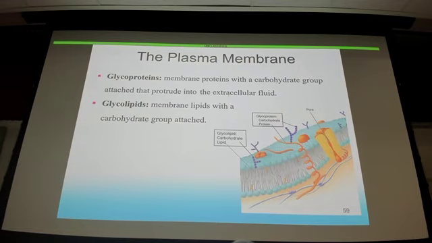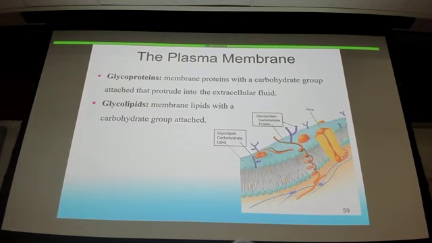Glycoproteins are also associated with this membrane. We talked about proteins, so you have glycoproteins and glycolipids. I haven't really gotten into the proteins yet, but this is a protein. It's actually called an integral protein. And this is a peripheral protein. After the break, we're going to get into that.